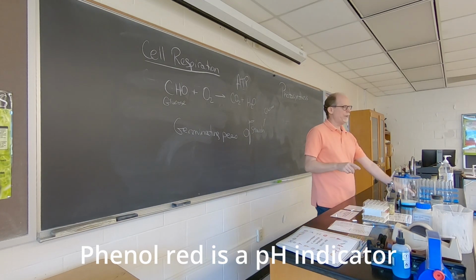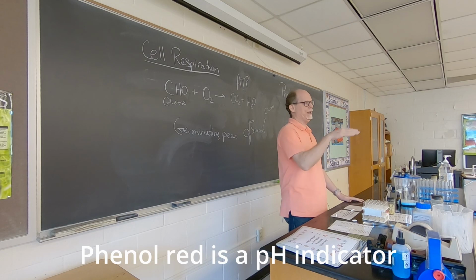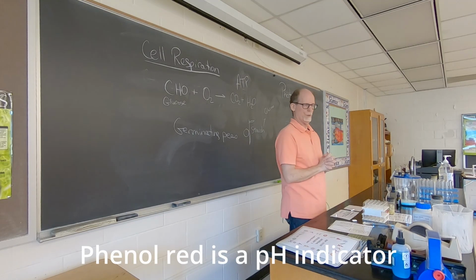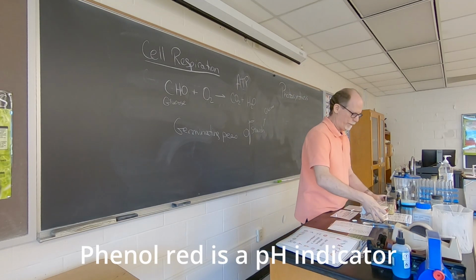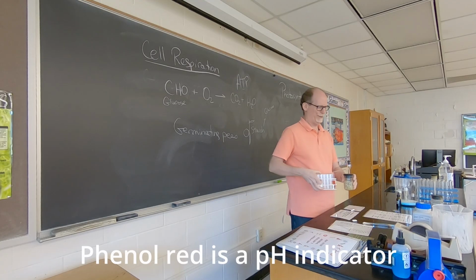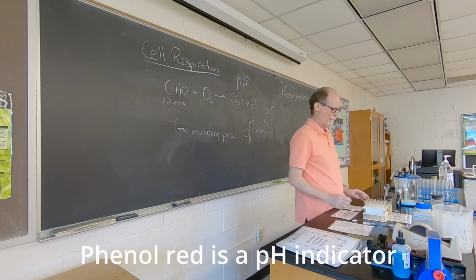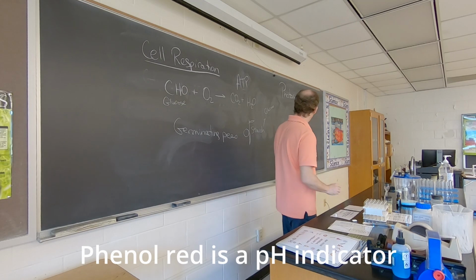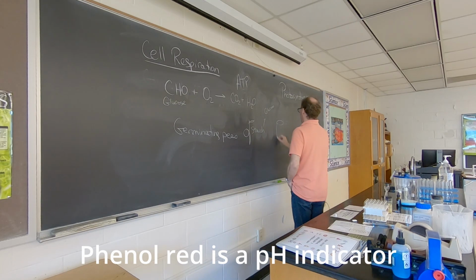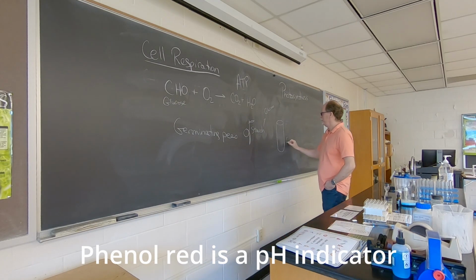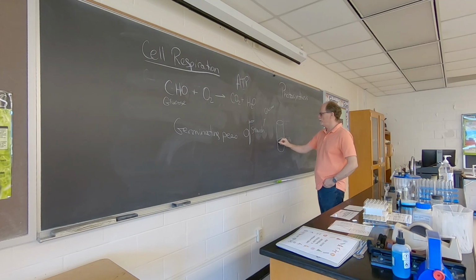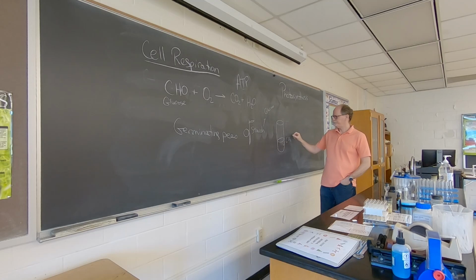If it's red, that means it's above pH 7. That's why the phenol red looks red. I want the camera to see. Now, what happens if I put CO2 in the water? What happens to the CO2?